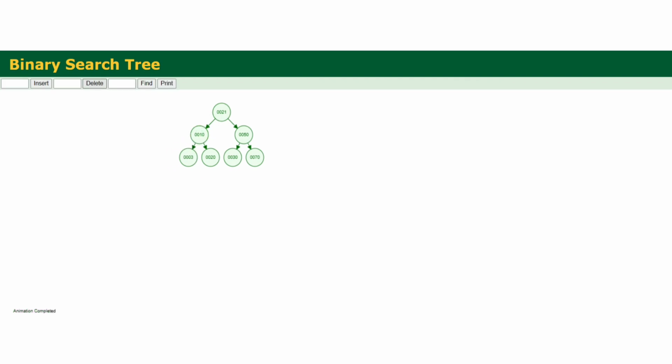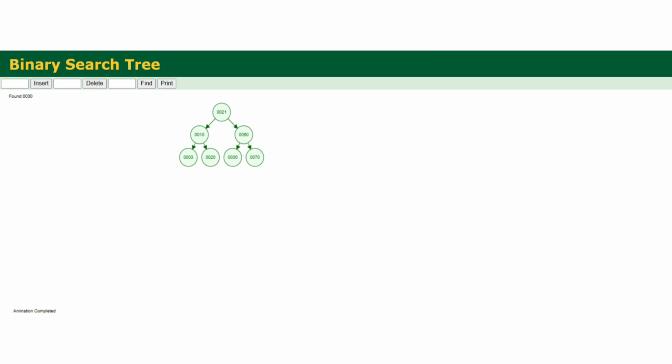Next, we move on to find. I need to find 30. This is the 30. Find means search operation. First print 3, 10, 20, 21, 30. It's all about traversing.